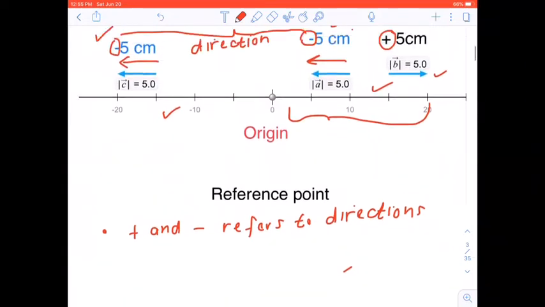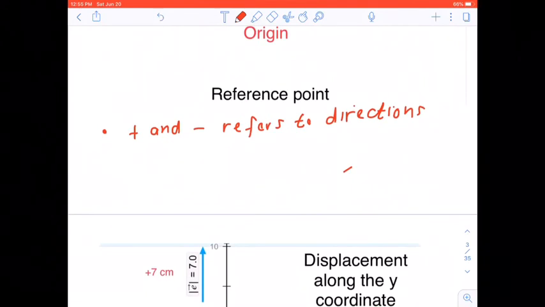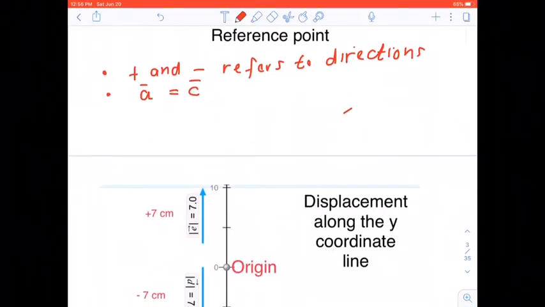So we know in this sort of situation, here A and C, we could say that vector A is equal to vector C. They are equal in magnitude and they have the same direction. And as you can see now, the displacement on the negative side and the positive side of the reference frame have the same direction.